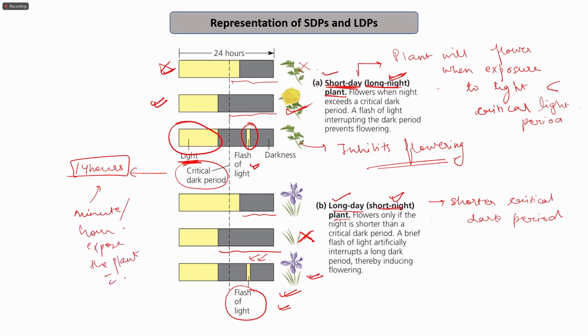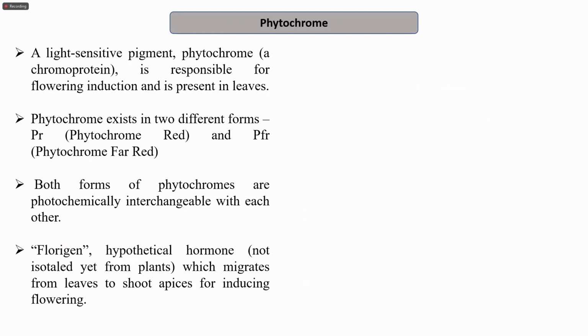So what will happen in short day plants? In short day plants, or the long night plants, flowering will stop. But what will happen in the long day plants? Due to the exposure of the light in this critical dark period, the plant will get the exposure to the light and it will interrupt the long dark period, thereby inducing the flowering.